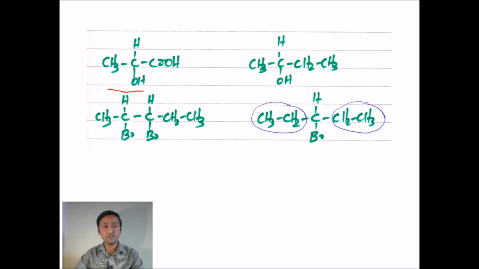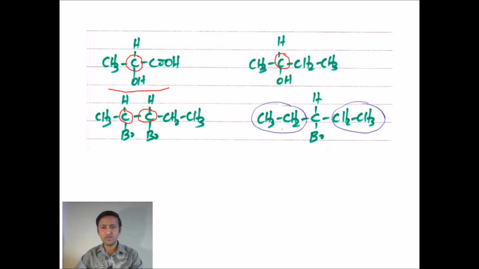The first one is 2-hydroxypropanoic acid. You can see it has one chiral carbon atom present, so it's optically active. Second we got butan-2-ol, which also has a chiral carbon atom. The third, 2,3-dibromopentane, also has chiral carbon atoms, two of them in fact.